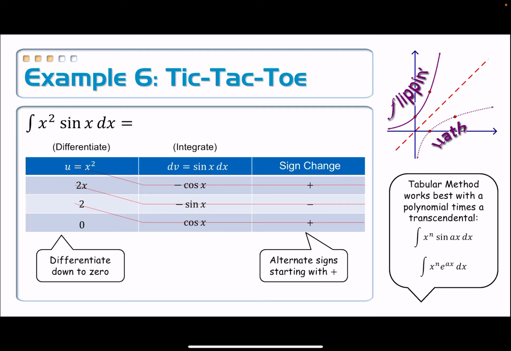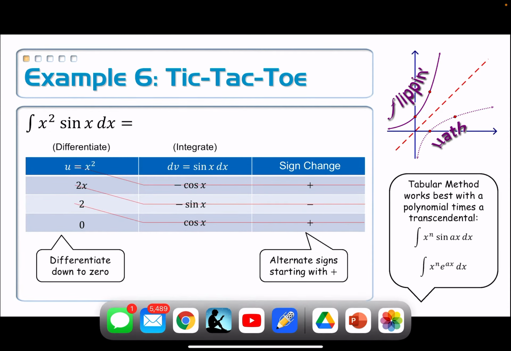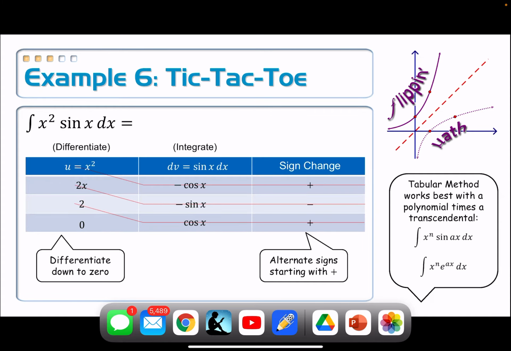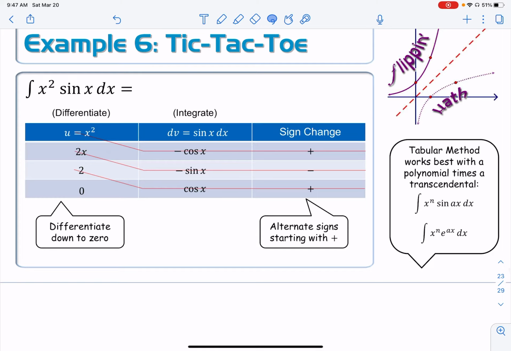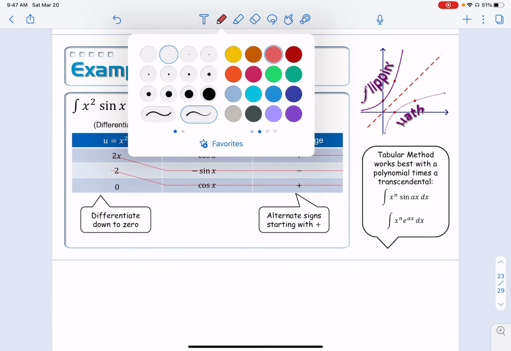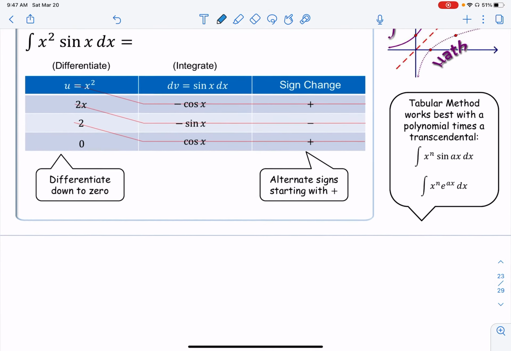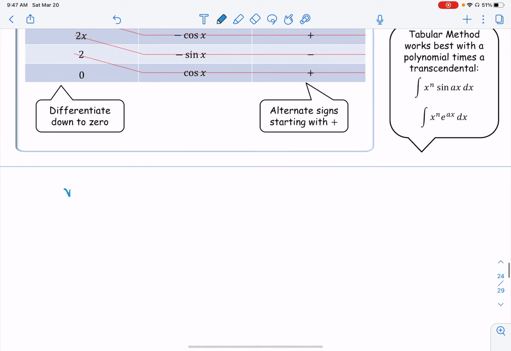Here, let's put together an example. We're doing this whole tic-tac-toe tabular method from start to finish, and we'll do one maybe slightly more complicated, one where you would have to use integration by parts more than just 2 times. Okay, so let's say that we're going to find the antiderivative of 5x to the third times cosine x this time.